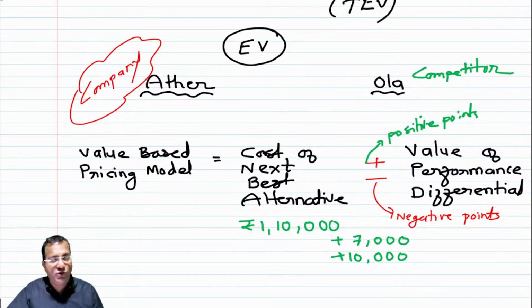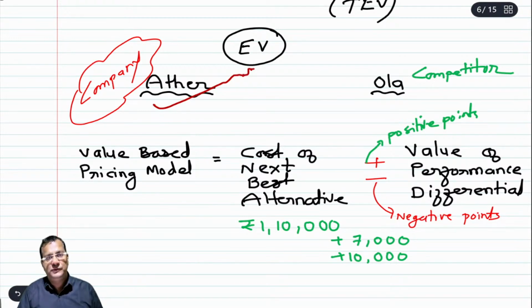Now let's talk about the negative points, which my product is not providing but the competitor is providing. I am providing no free service to my customer. The very first service they have to pay for, while suppose Ola, I don't know the reality, is providing 2 free services.